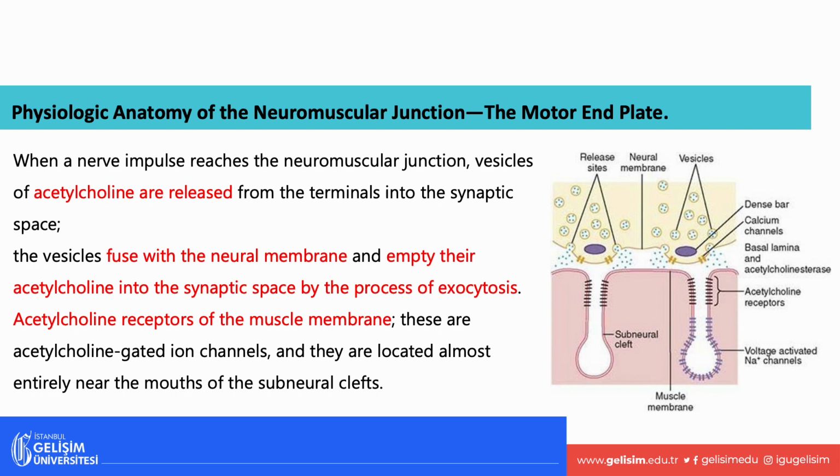The ligand in this case would be the neurotransmitter, and the neurotransmitter is acetylcholine. Therefore, it is acetylcholine-gated ion channels. So binding of acetylcholine opens up these channels, and this is going to allow charged ions like sodium to come rushing inside this muscle fiber, which will then initiate an action potential in this muscle fiber.